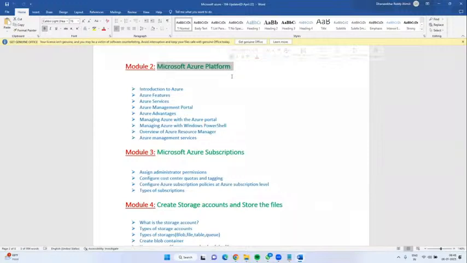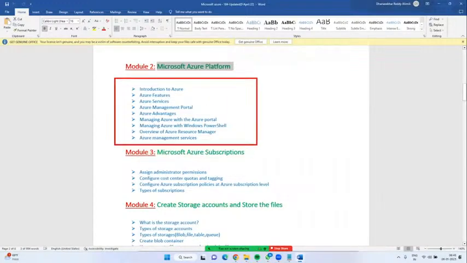How we can create all these services, we will discuss in module 2. Also, the Azure portal has many options: how we can disable a few options, how to get frequently used services. We will see all that in module 2.